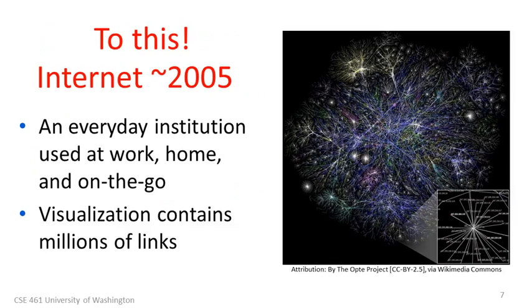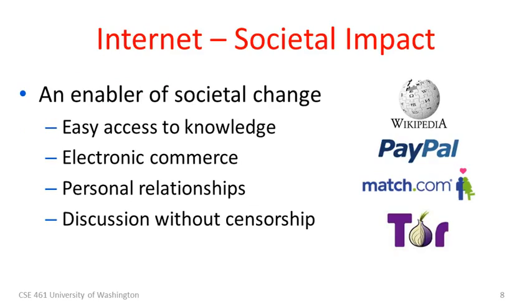Here's a picture of the internet as it exists today, or around 2005. The internet has become an everyday institution. It's used at work, at home, on the go. We don't actually know what the topology of the internet looks like anymore. This picture is just a visualization using some of the best available data describing the internet. And it looks more like a star chart than any kind of network topology. This is the level of complexity we're dealing with these days.